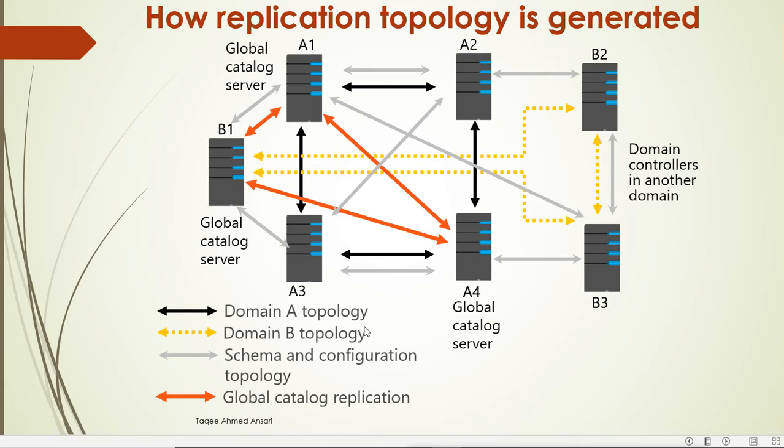Now global catalog replication will happen within global catalog servers. Like this B1 is a global catalog server, A1 and A4 are global catalog servers. So they will do the replication to each other. It looks like a very complex topology, but the Active Directory KCC is handling the topology. It creates the efficient topology for all the replications.